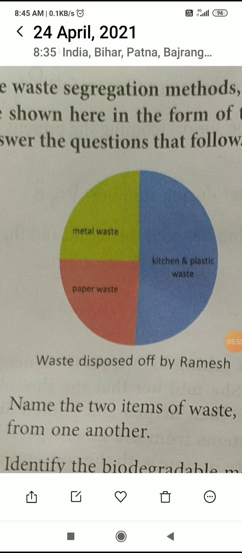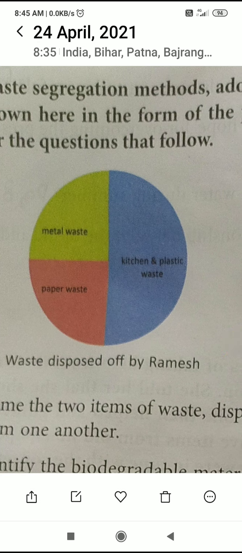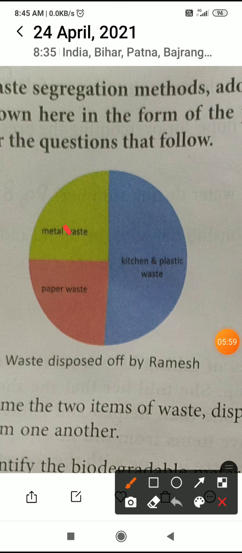Now next is metal waste. See here, this is metal waste. What are the metals? You know very well, that is iron pins, small sheets of copper, aluminum wire, these small thin sheets of tin, these are metals.